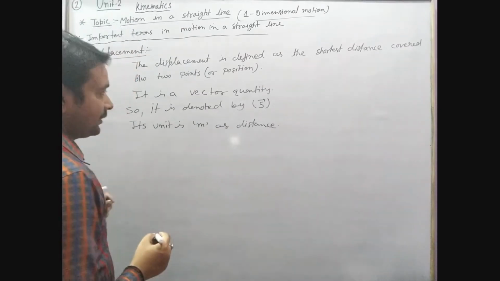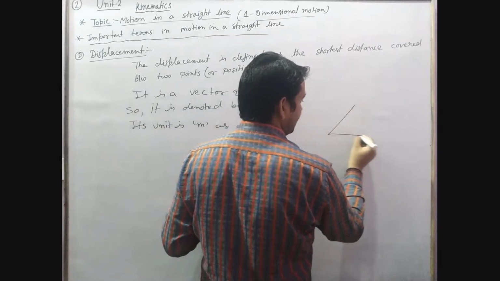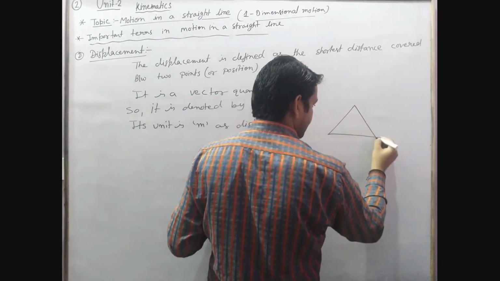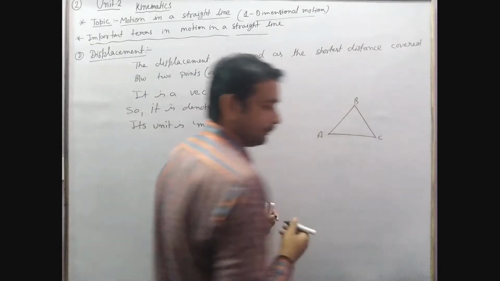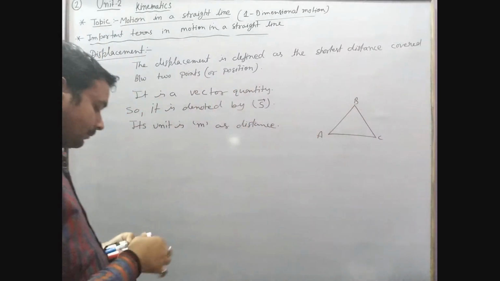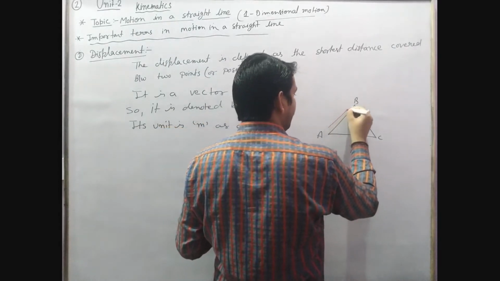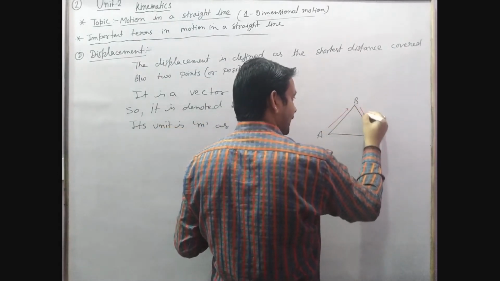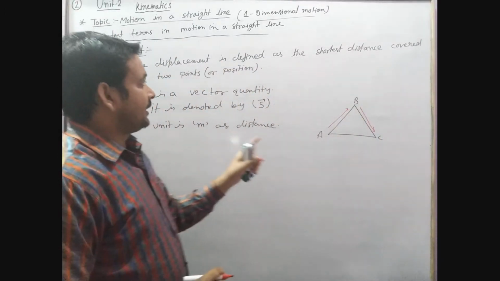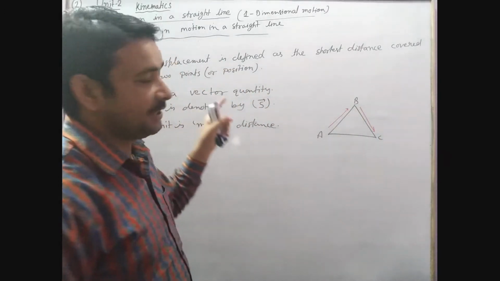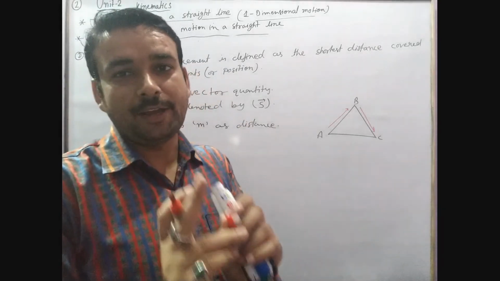Okay, now we understand the displacement of an object by using the same example A, B and C. Here the particle is moving from A to B and then from B to C, but the displacement is measured between two points, the initial point and the final point.